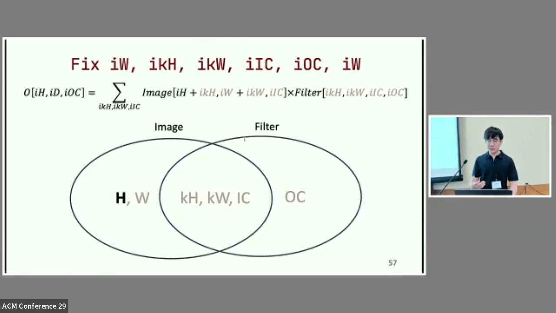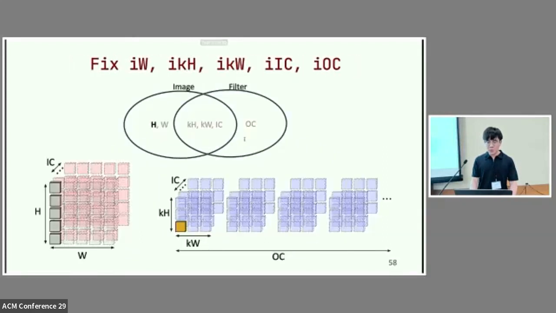We can keep applying this strategy iteratively over all of the other dimensions, h and w. We can see that the data reuse of the filter tensor with respect to the image tensor over the h dimension is h, and the data reuse over the w dimension is w.